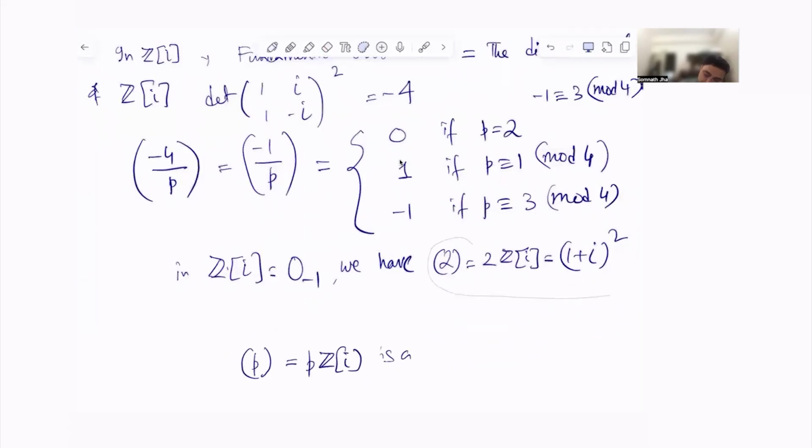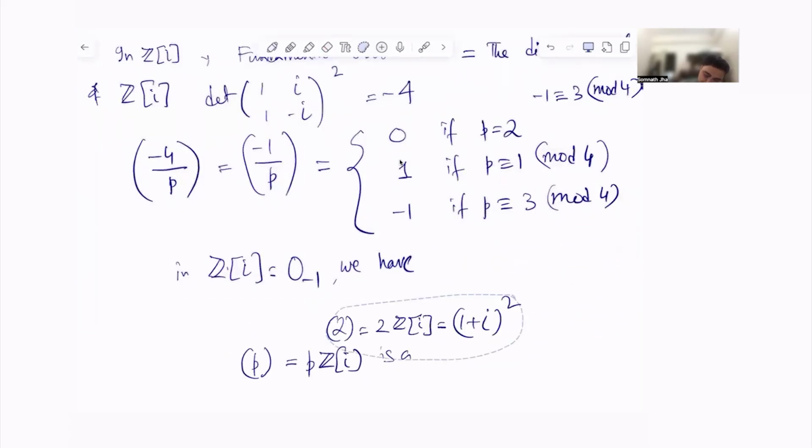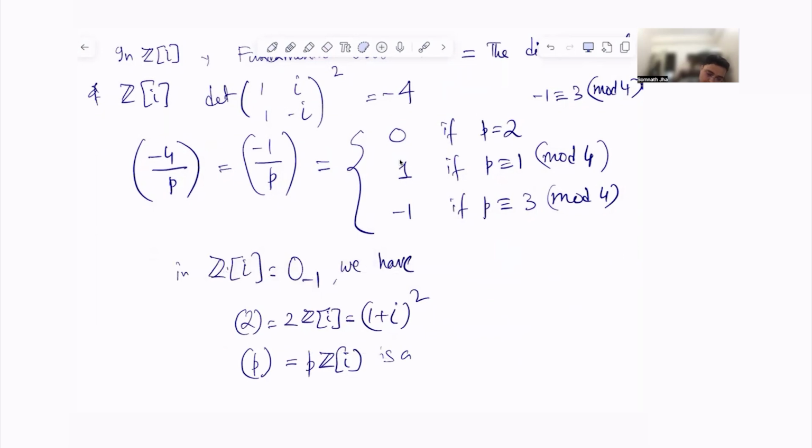So there are 3 cases. Prime ideal if p is 3 mod 4.